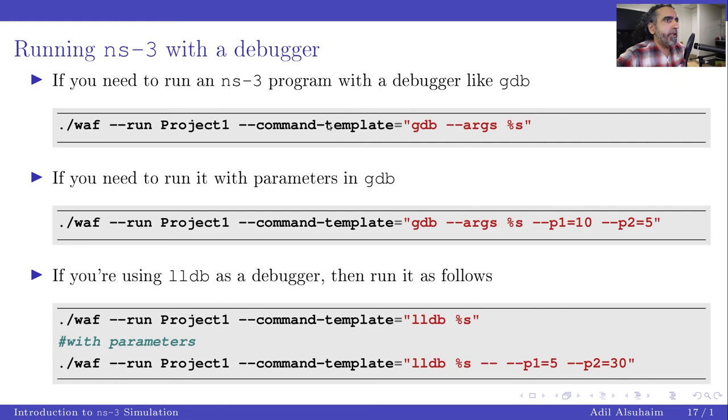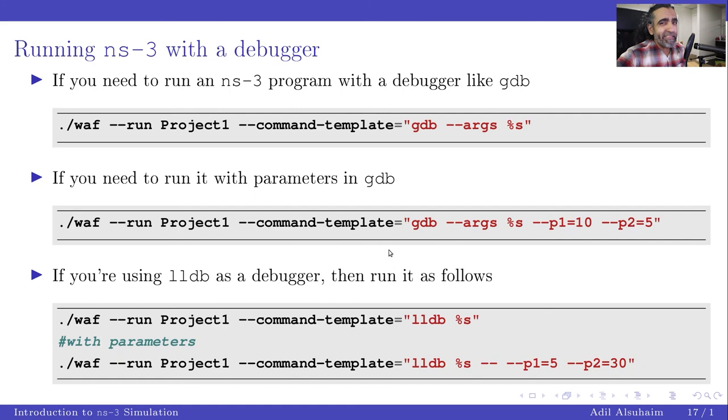If you need to run it in a debugger, then you run the program name under your Scratch folder, and then the command template gdb --args %s. So I think whatever is here is thrown in here. And if you need to run it with parameters in a debugger, then you basically add the parameters here.